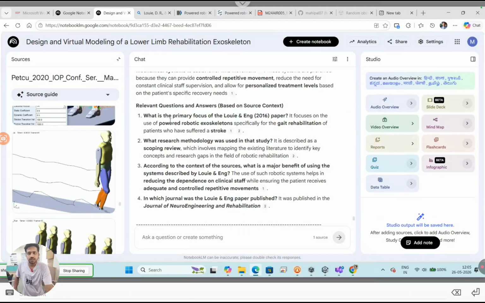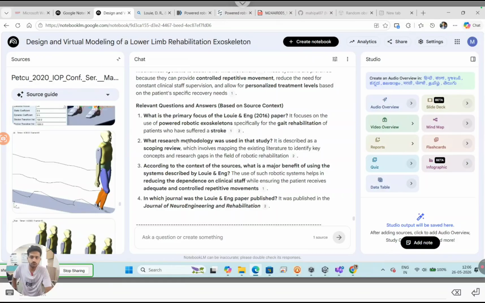So relevant questions that can be asked: what is the primary focus of this paper? It focuses on the use of powered robotic exoskeleton, specifically for the gait rehabilitation of patients who have suffered a stroke. What research methodology was used in the study?